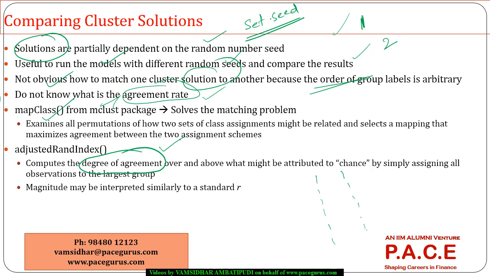The higher the value, the better this particular cluster solution is compared to a very random allocation of all of them to the largest group. That is how the cluster solutions can be compared, and based on that you can make out which classification of the clusters is most appropriate for your data.